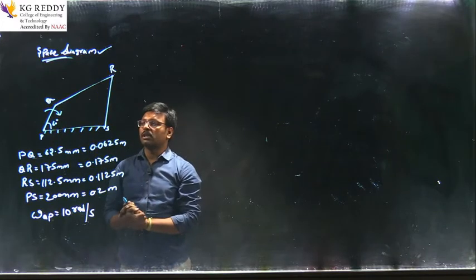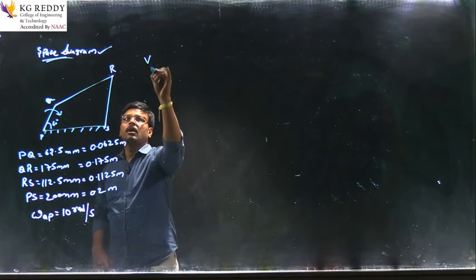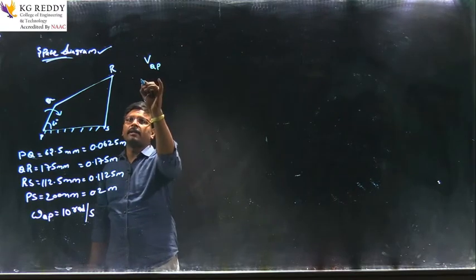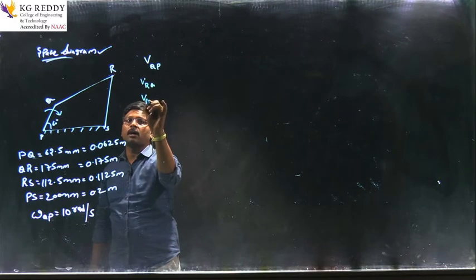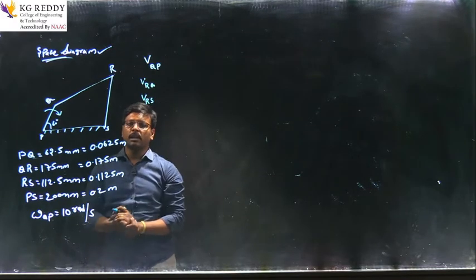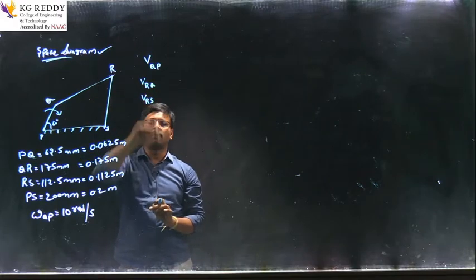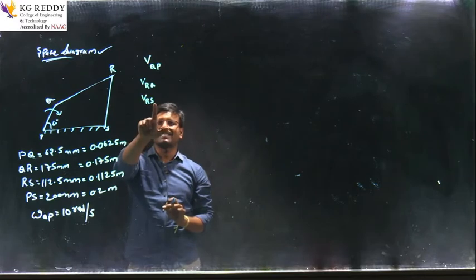So here, velocity of Q with respect to P is one thing, and velocity of R with respect to Q, and velocity of R with respect to S. Observe here, velocity of R with respect to Q is one value, then the velocity of R with respect to S, this is a fixed one.